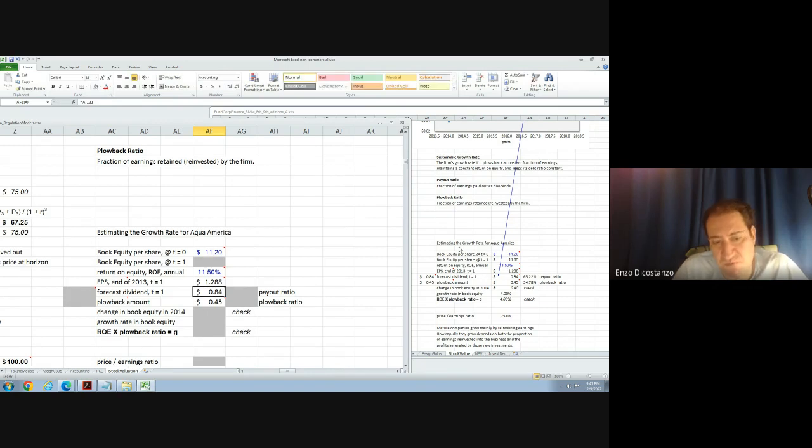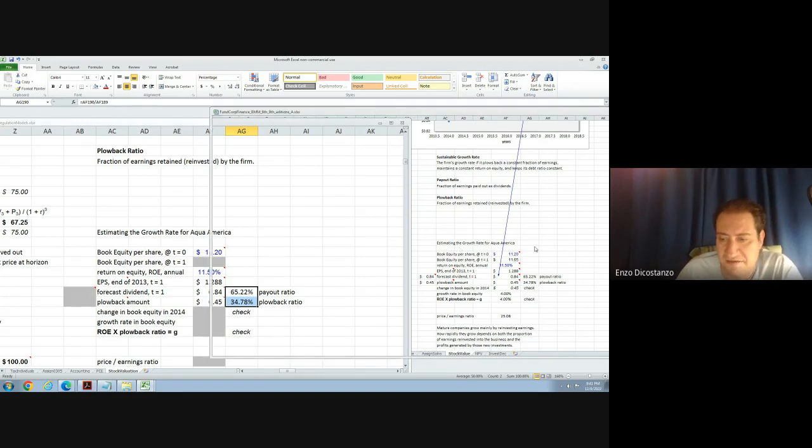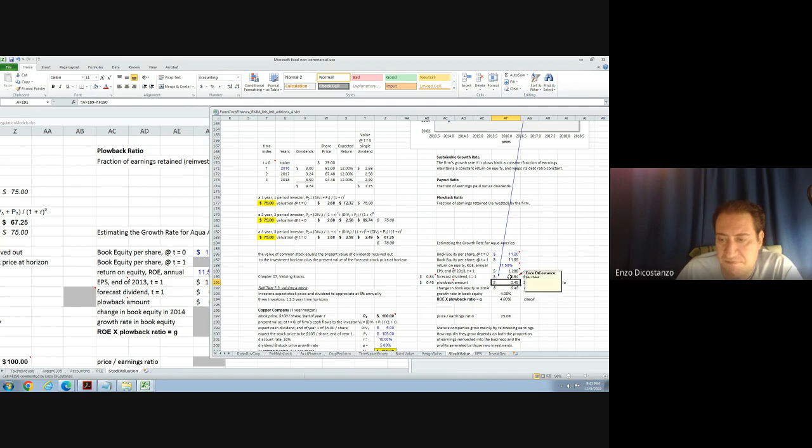The earnings are $1.28 and you're paying 84 cents in dividends, so you have 45 cents left. Now you divide that 45 cents by the EPS, and you divide the 84 cents by the EPS. That's how you get the 65% payout and the 35% plowback. That's per share.